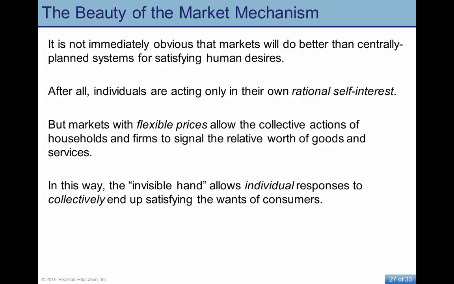But markets with flexible prices allow the collective actions of households and firms to signal the relative worth of goods and services. In this way, the invisible hand allows individual responses to collectively end up satisfying the wants of the consumers.